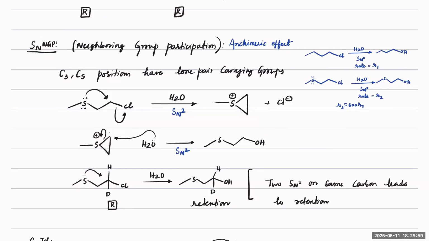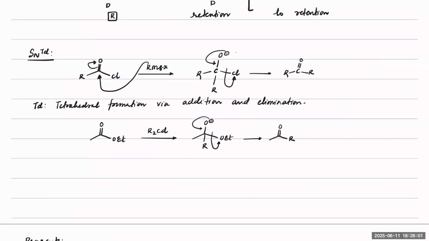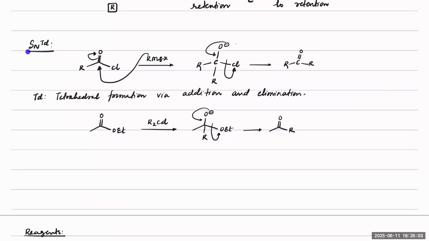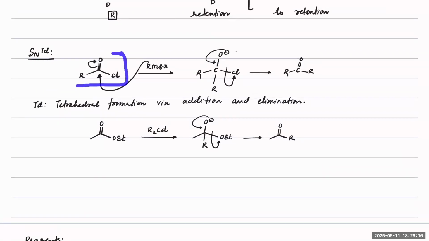Okay. Next, check out what is SN-TD. SN-TD is when you have a double bonded carbon on which the attack is happening.